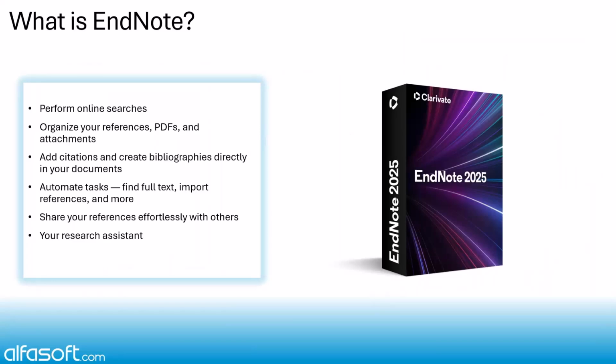So, what is EndNote? In short, it's nowadays your research assistant. It helps you stay organized, save time, and keep your references under control. You can search online databases right from EndNote. When you find what you want, you can save and organize your references, PDFs, and any related files in one place.